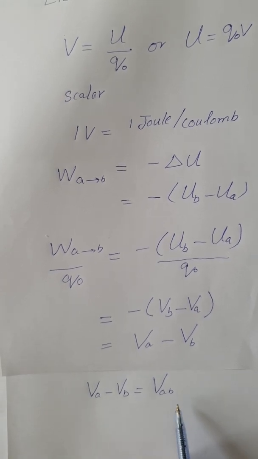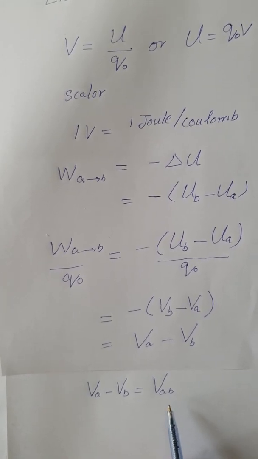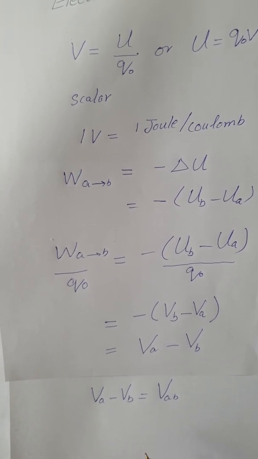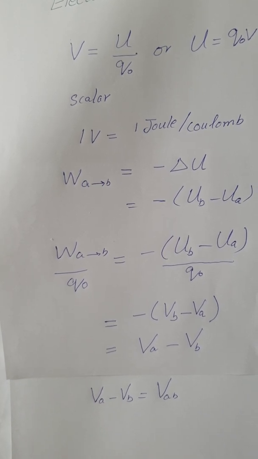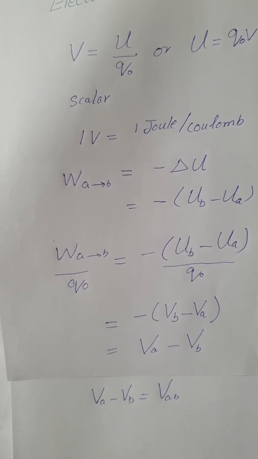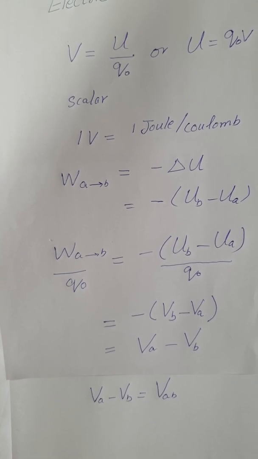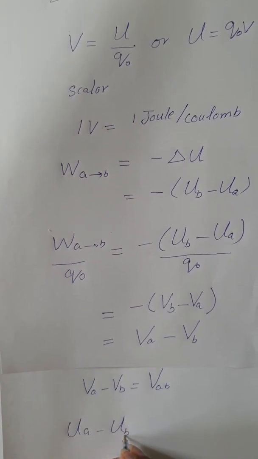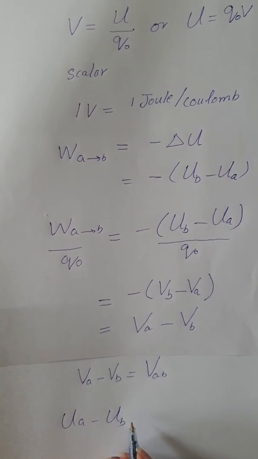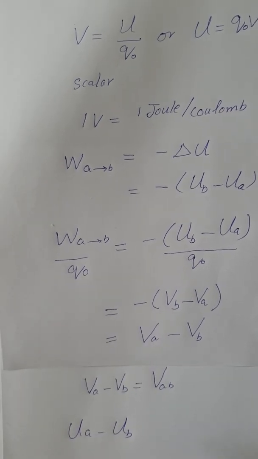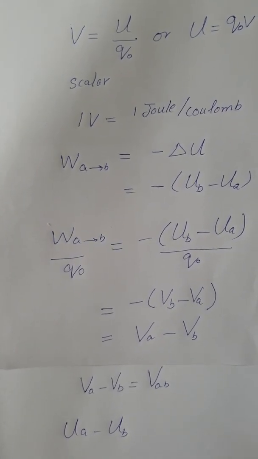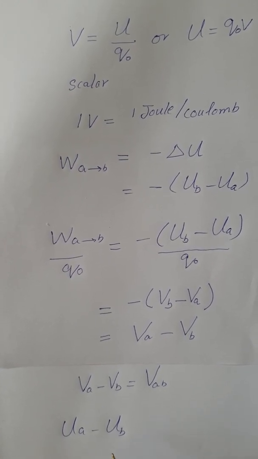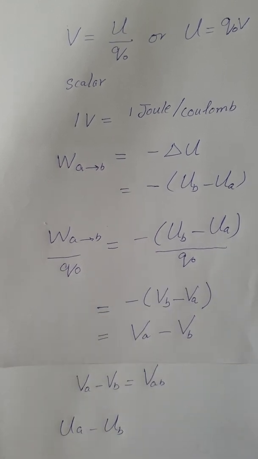So VAB, the potential of A with respect to B, equals the work done by the electric force when a unit charge moves from A to B. We can also understand it the other way. UA minus UB is the amount of work that must be done by an external force to move a particle of charge q naught slowly from B to A against the electric force.